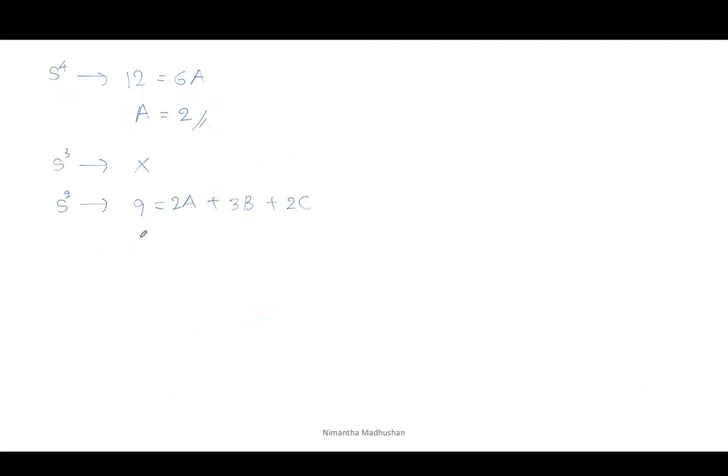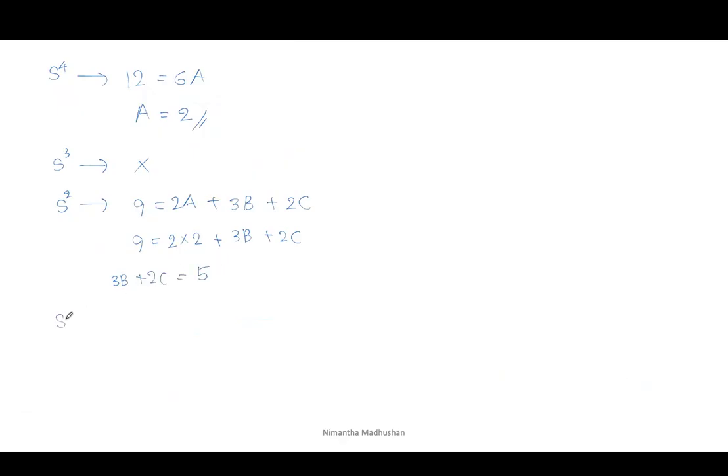Value of A is 2, so 9 is equal to 2 into 2 plus 3B plus 2C. 3B plus 2C is equal to 5.